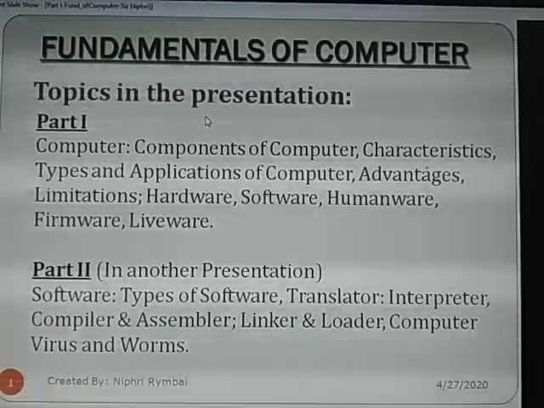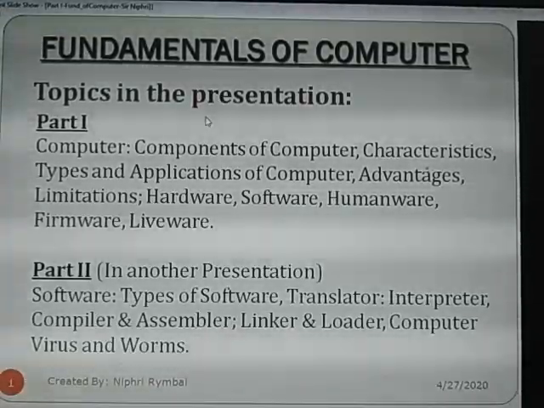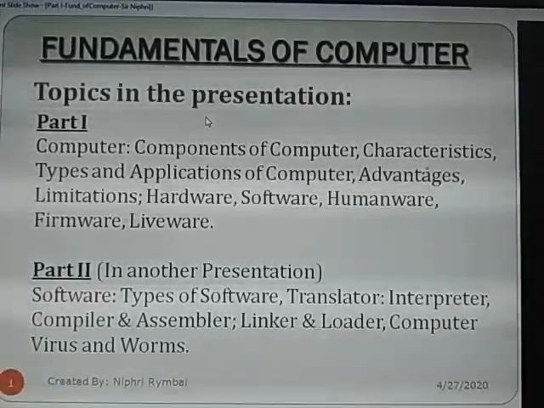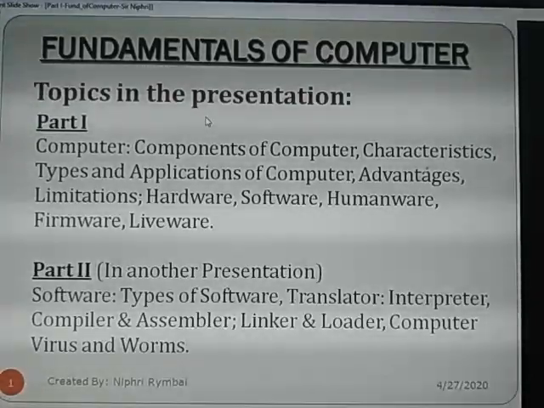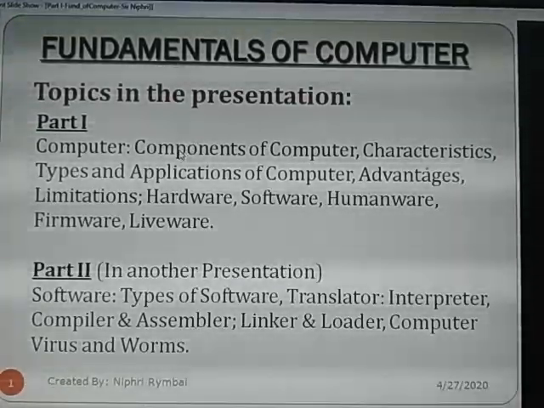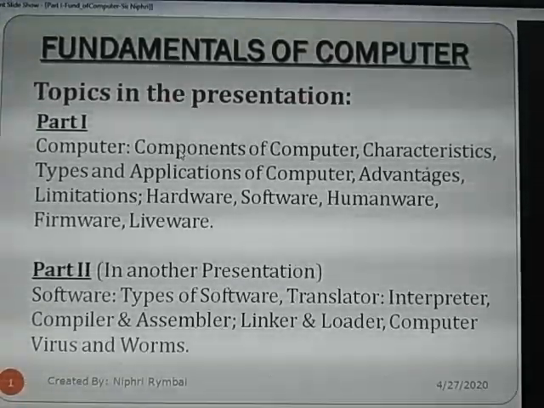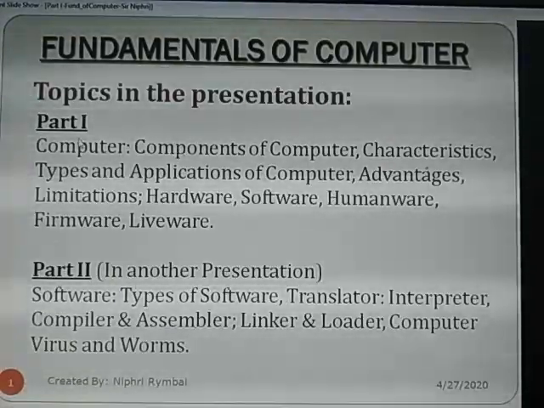In this presentation, I have divided the topics into two parts, part 1 and part 2. But in this class, we'll try to cover only topics related to part 1.